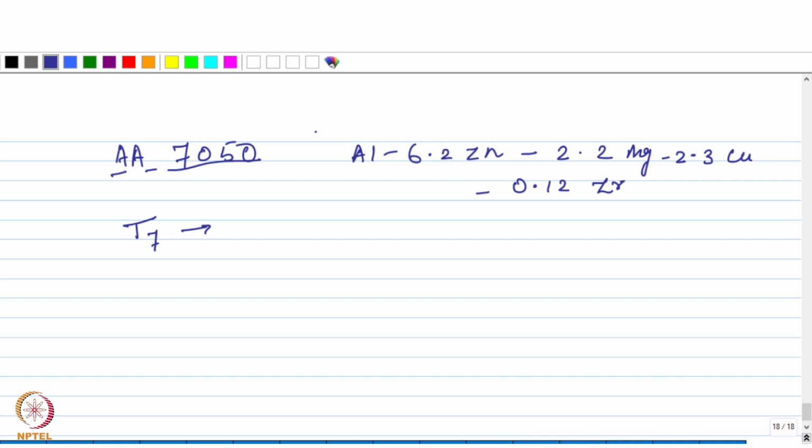So in this condition, if you look at the strength, the yield strength is around 450 MPa. And as I said, it also provides a good corrosion resistance.